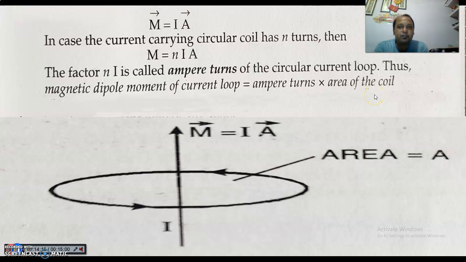I hope this is very clear to you. We have the magnetic dipole moment represented in two different ways. For a bar magnet it is M into 2L, and for a magnetic dipole in the form of a current carrying loop it is given by I into A.